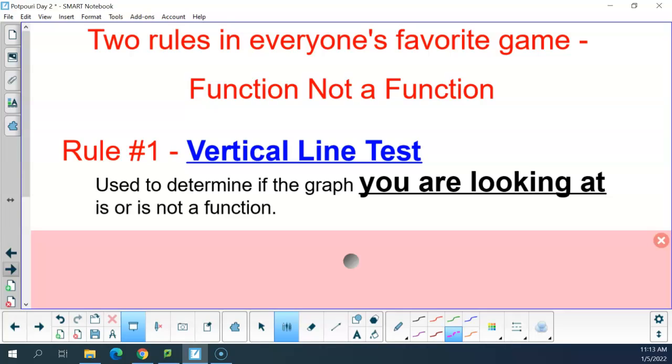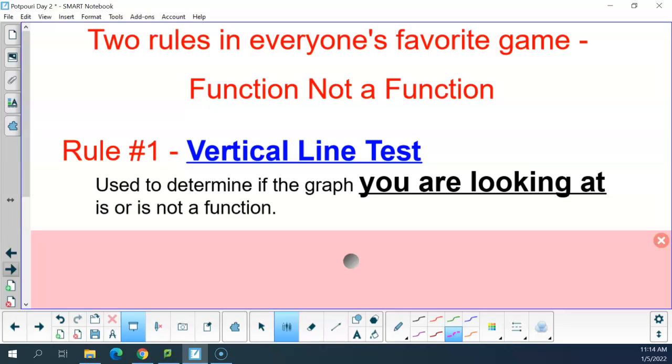If my relation touches in 2 points, then what? Not a function. It's got to only touch in one point all the way across for it to be a function. Vertical line test, you've seen it for a couple of years.